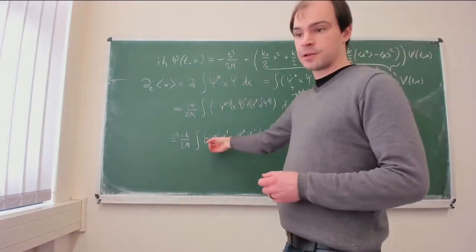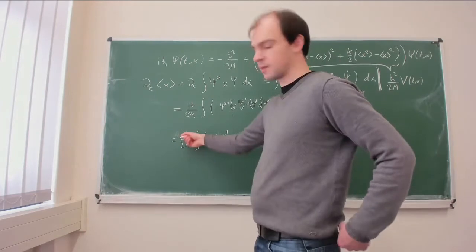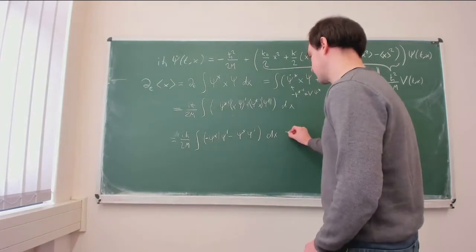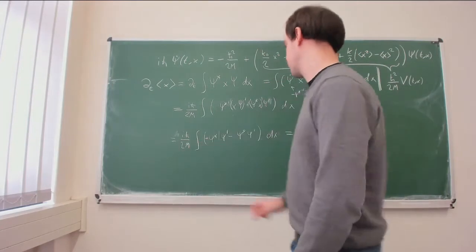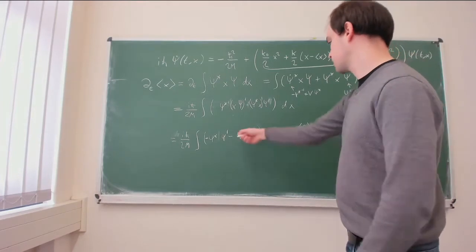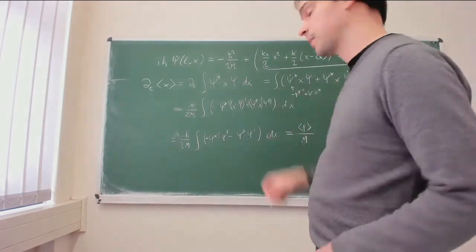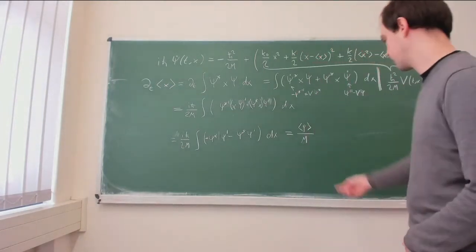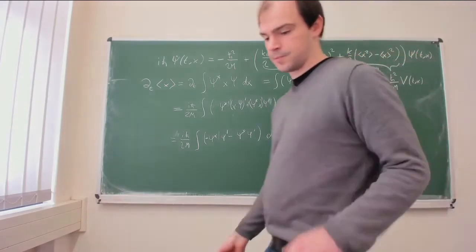And now I have just an action of the momentum operator that gives me this derivative. So I can write this together with this minus i h bar. This is 2 times the same term, then that cancels this 2. So I find that this is just the expectation value of the momentum operator divided by mass. So I have an equation for the time evolution of the expectation value for x, which is just the expectation value of p divided by m.